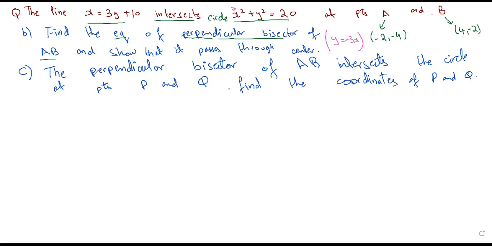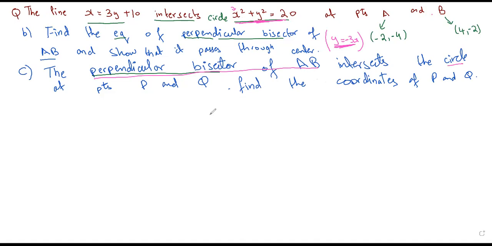The perpendicular bisector of AB intersects the circle at points P and Q. Now, whenever you come across such a question where they are telling you that there is an intersection, right? So the intersection is between what and what, okay? Perpendicular bisector of AB, this is the equation, and the circle. So for circle, this is the equation, okay? And you need to find what? You need to find the points of intersection. This is very simple. You have the equations for both the things.